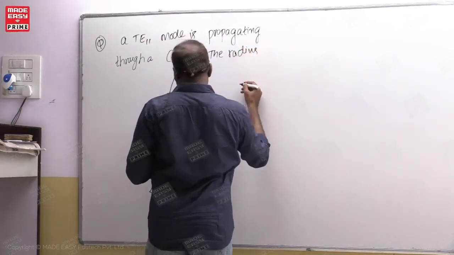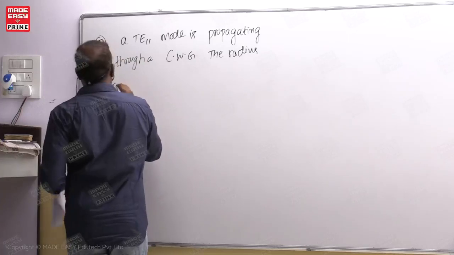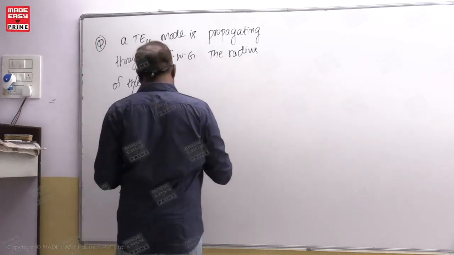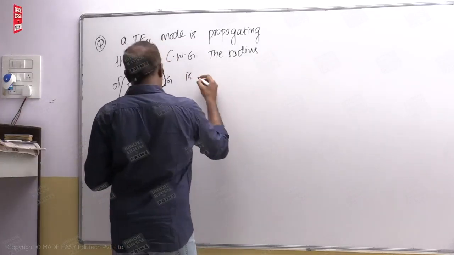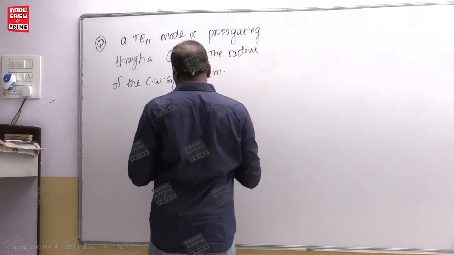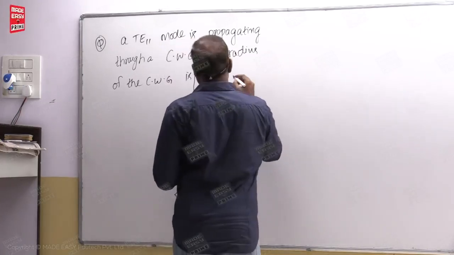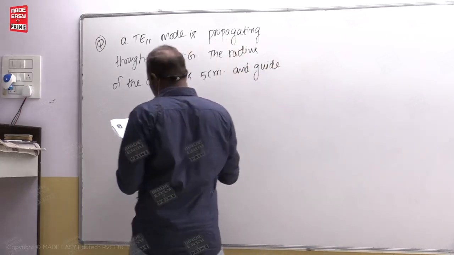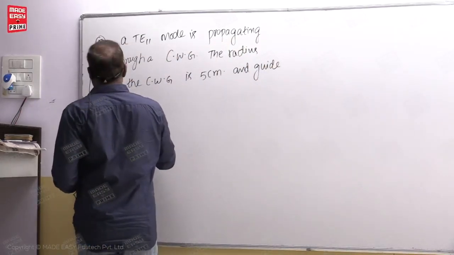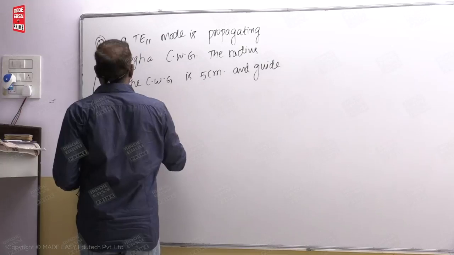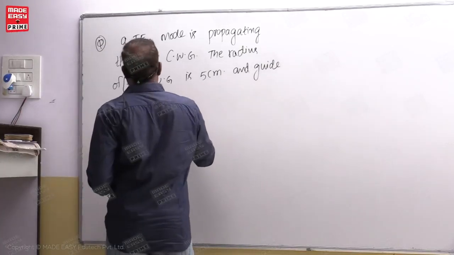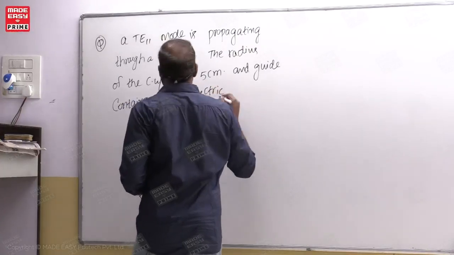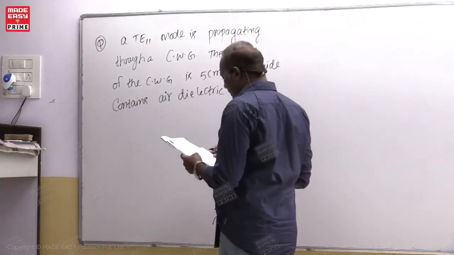The radius of the circular waveguide is 5 centimeter. And the guide contains air dielectric, meaning it contains air medium as the dielectric medium.